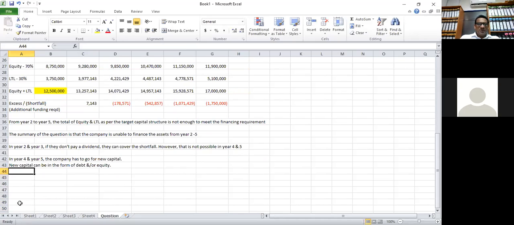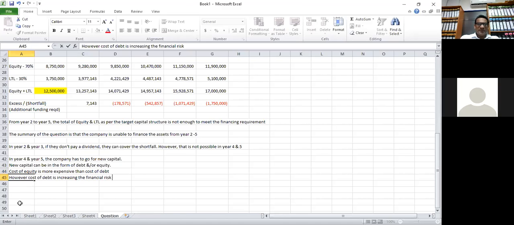Right. Now in years 2 and 3, we will also say cost of equity is more expensive than cost of debt. However, cost of debt is increasing the financial risk of the company.